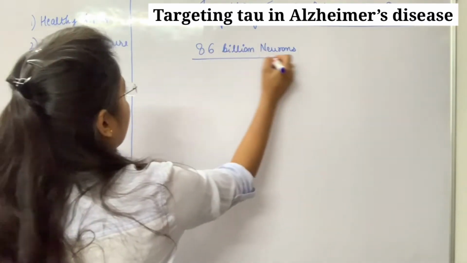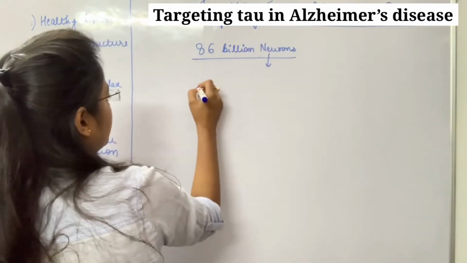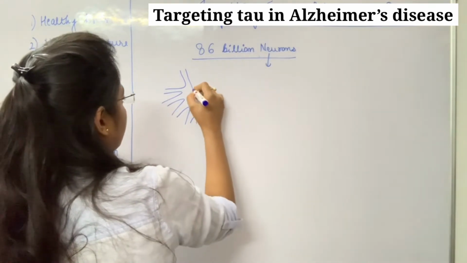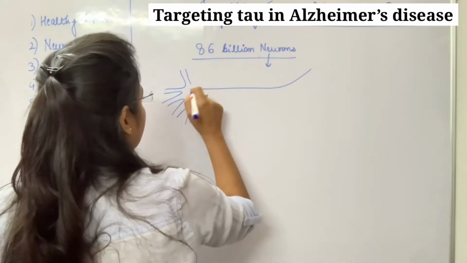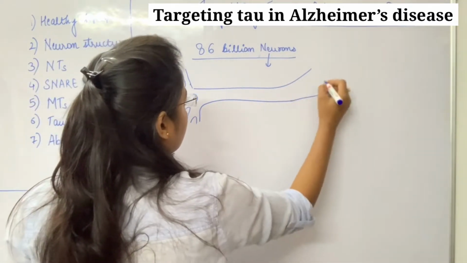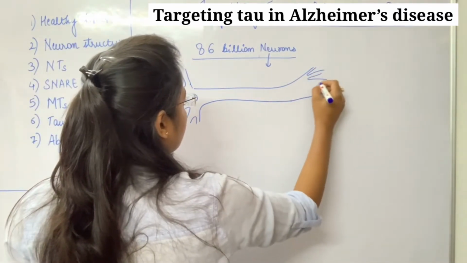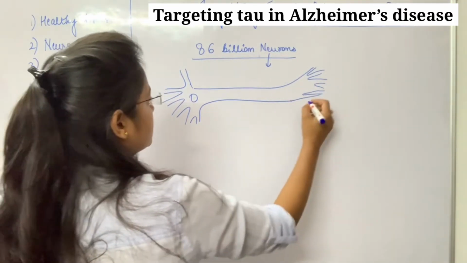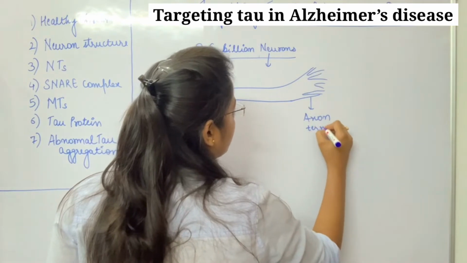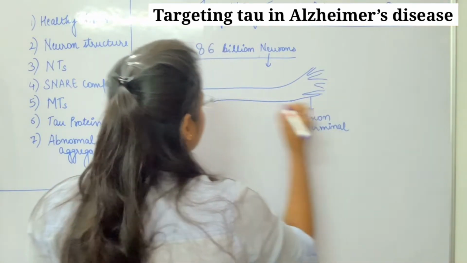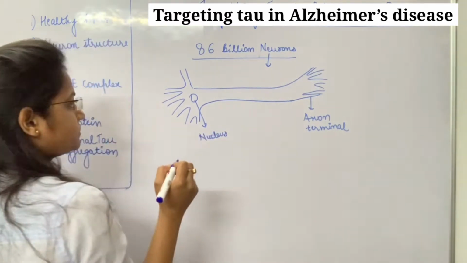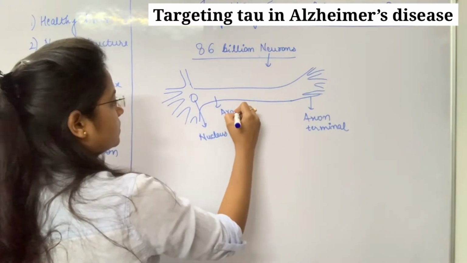Now, what is the structure of a neuron? So this is the axon terminal, or we can say axon, and this is the nucleus, and this is the axon.